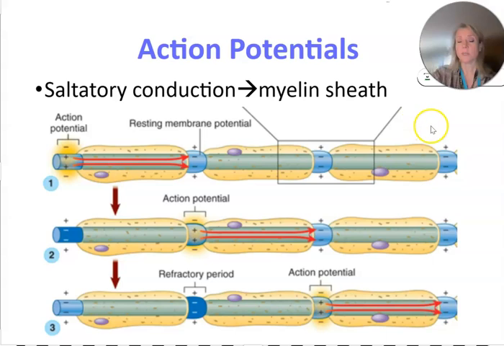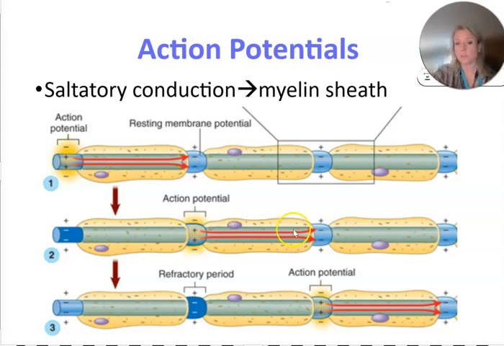And I wanted to also mention something called saltatory conduction. You already learned that some axons are wrapped in something called a myelin sheath. And there are little gaps in that myelin sheath. And what that's going to do is allow for an action potential to occur in a gap, and then it spreads extremely quickly through the insulated area, the area that's covered with a myelin sheath, over to the next gap.